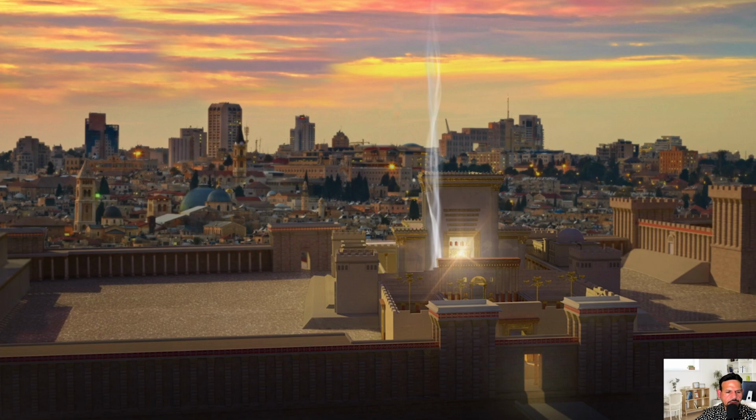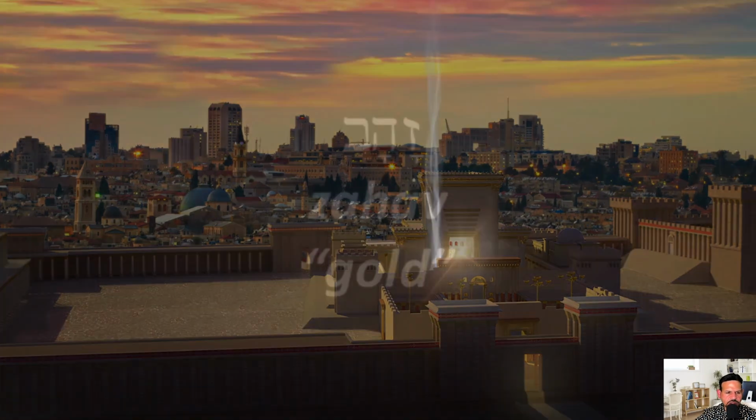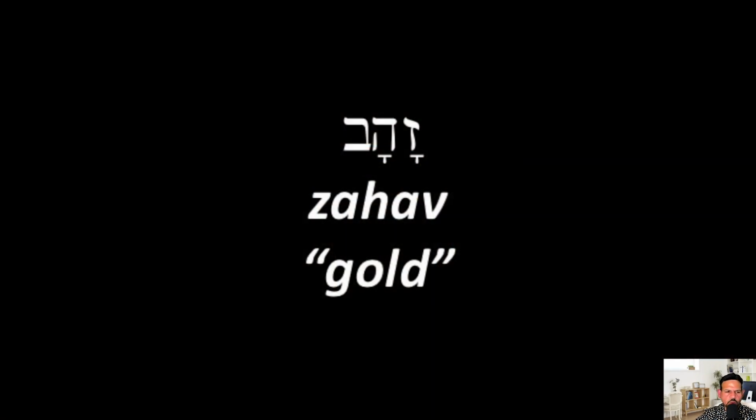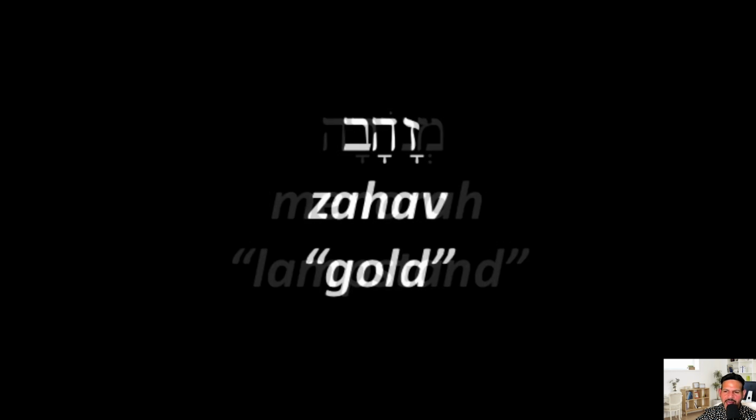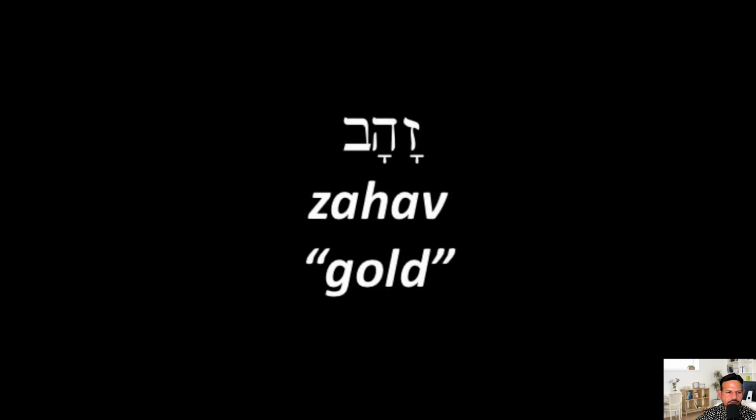Now, when it comes to zahav, which is gold, it's one of the highest metals used for the Ark of the Covenant and the menorah. So the menorah was made of zahav. We also call Jerusalem Yerushalayim shel Zahav, the Jerusalem of gold.